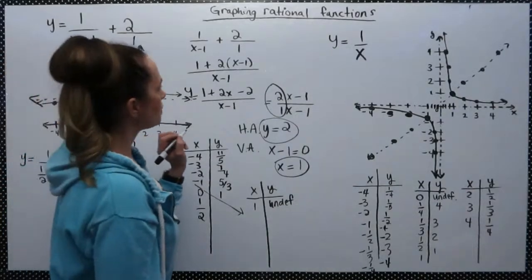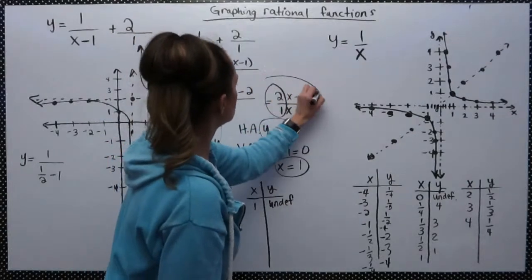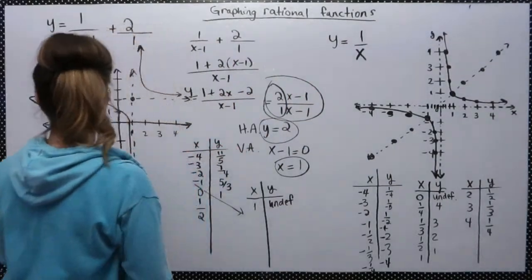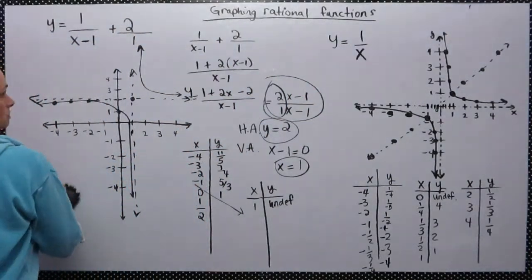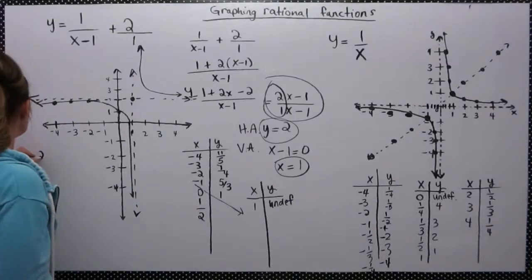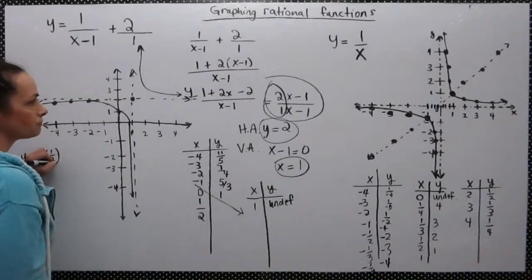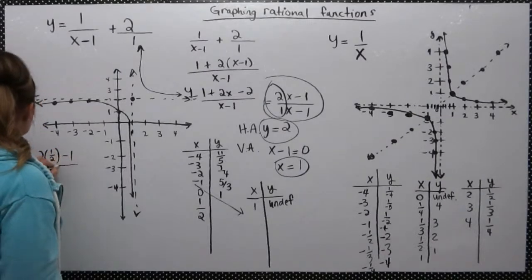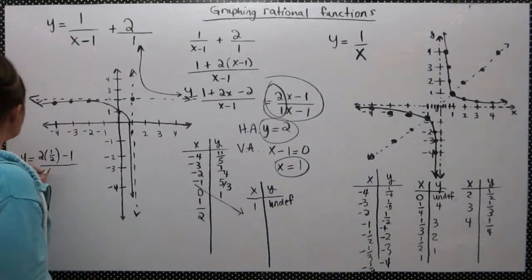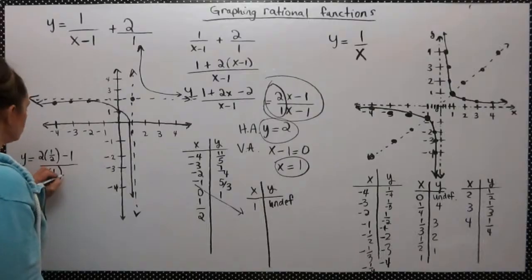I think I would rather actually use this one: 2 times 1/2 minus 1 over 1 times 1/2 minus 1.